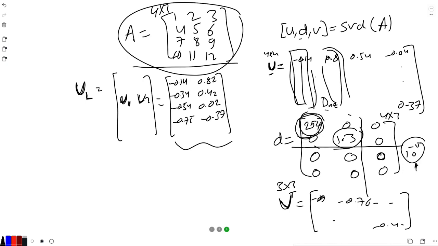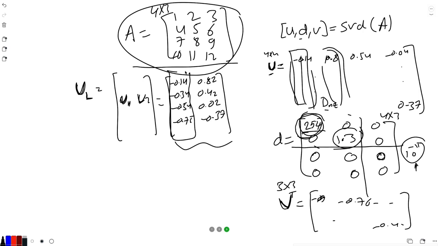Sorry, these are not eigenvalues. If I said eigenvalues, that is wrong; those are singular values. So the highest singular value represents the maximum information content in this matrix A. This 2.54 is a very large number, which means that the first eigenvector has the highest information.